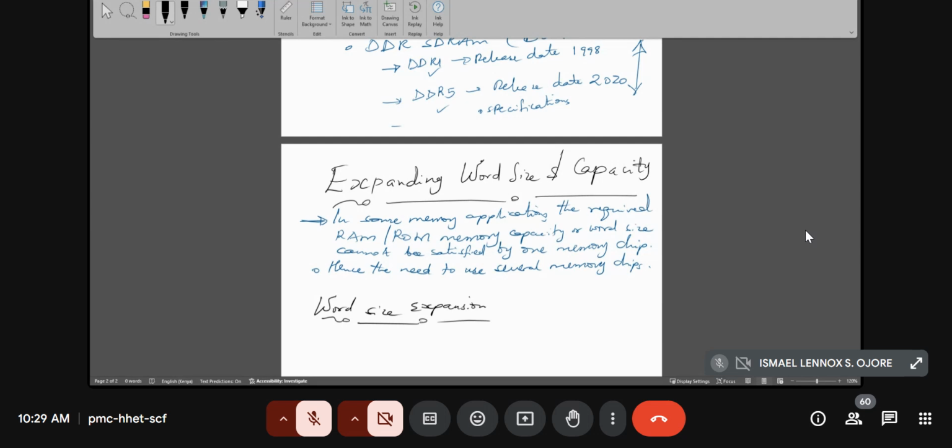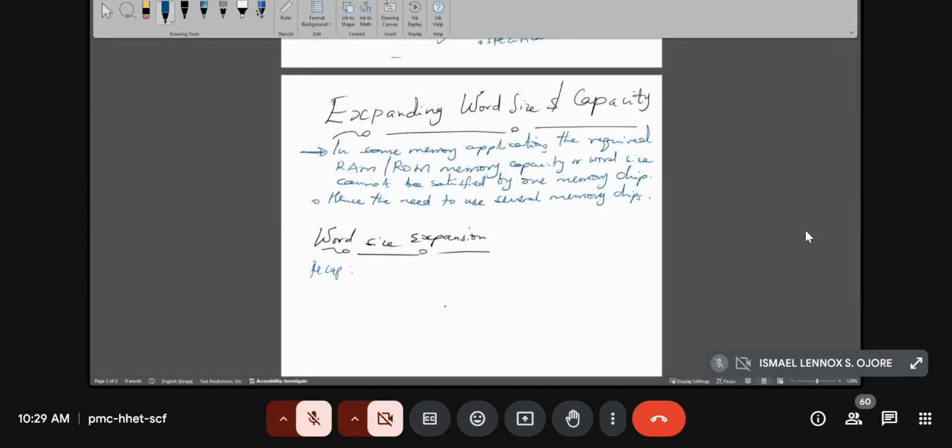So just as a recap, you're given a memory chip whose capacity or details is given as that 2x4 memory.